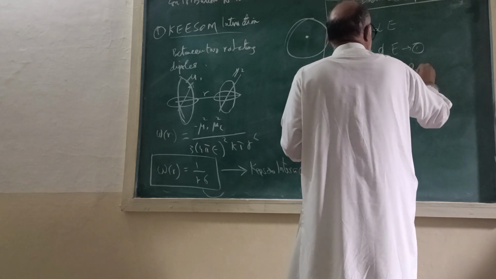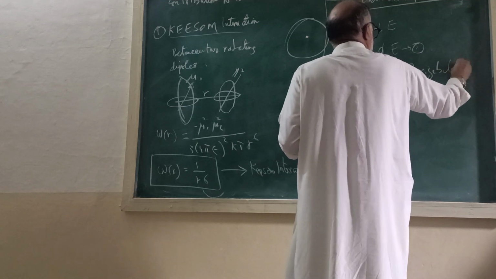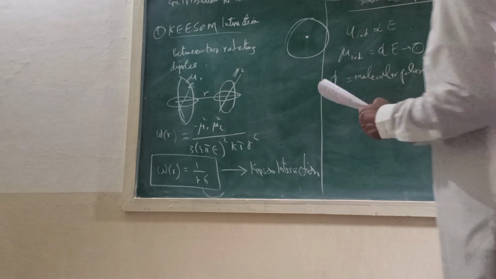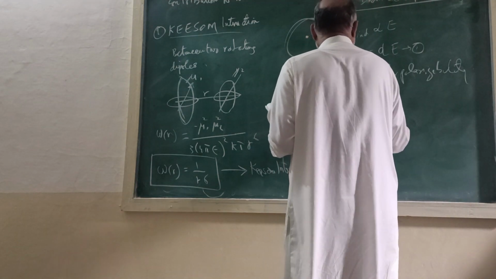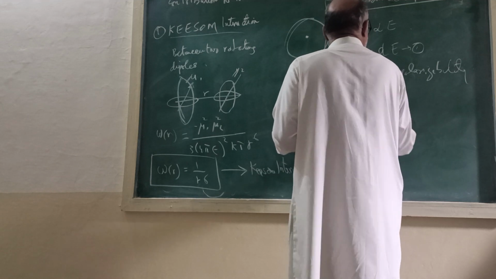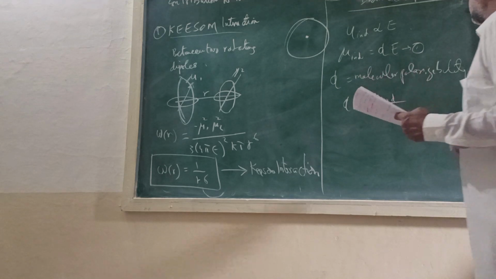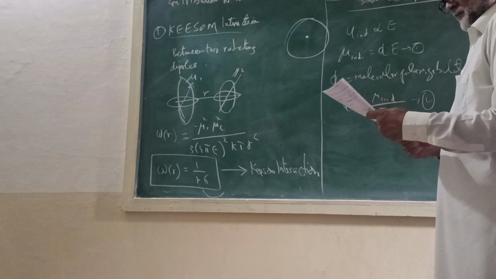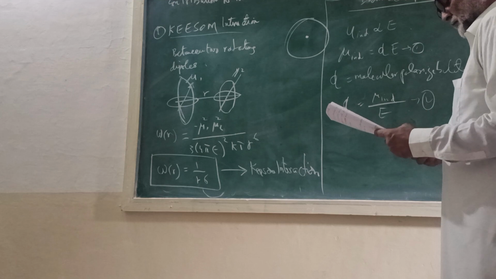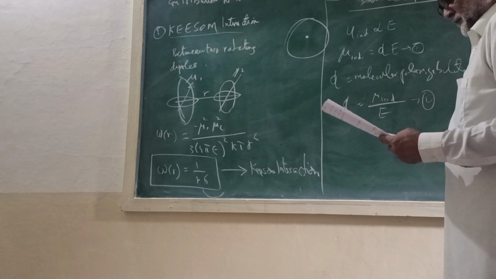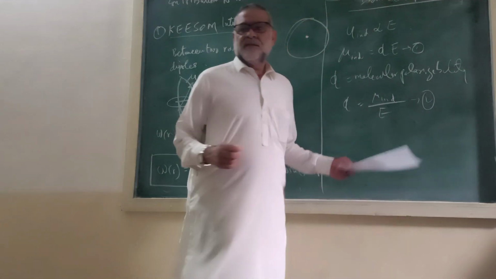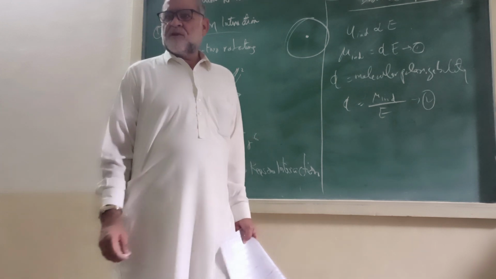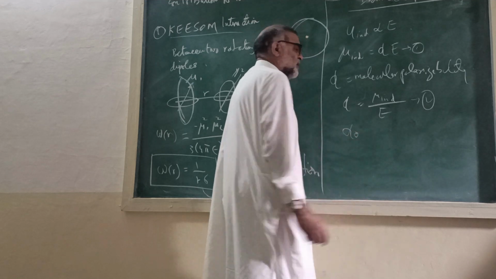Mu induced divided by electric field. Usually for a non-polar molecule, we denote it by alpha naught.